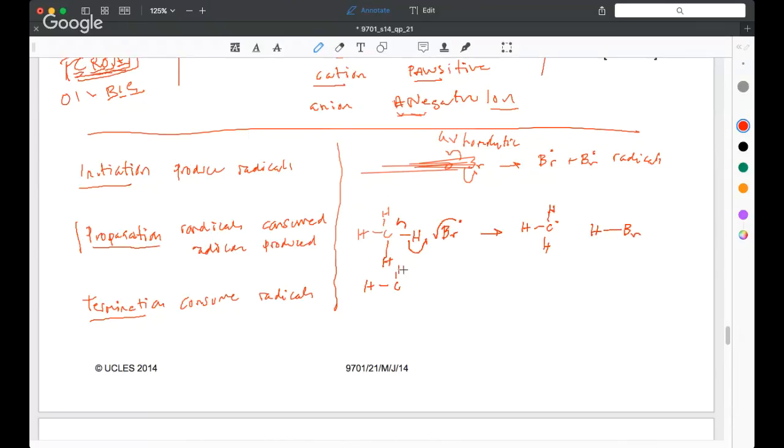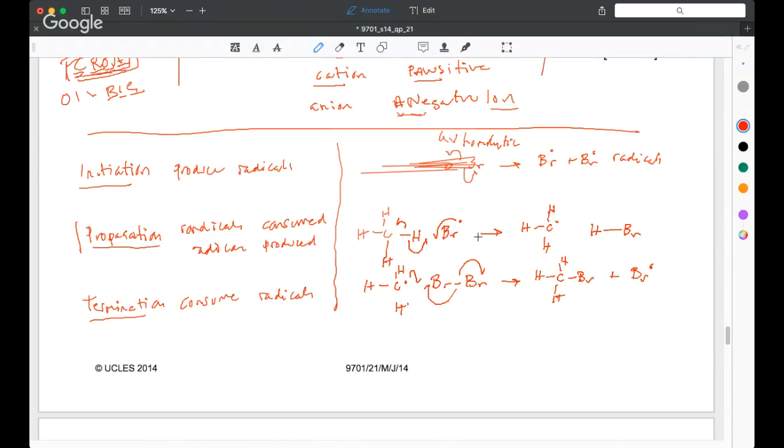in this next propagation step, where you've got another molecule of bromine, and that's going to start to form a bond there, and that's going to have homolytic fission. One of the electrons from that bond is going to go on here, and the other electron is going to go there. And so we end up with a new covalent bond formed here from two electrons. And we end up with this radical formed over here.